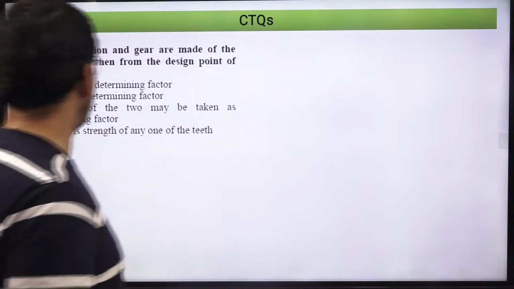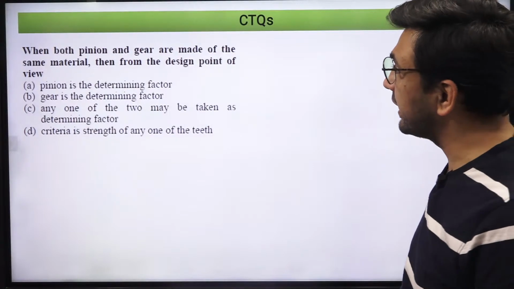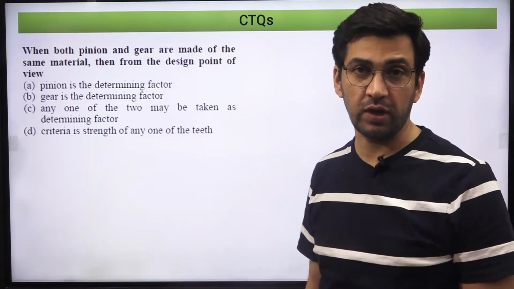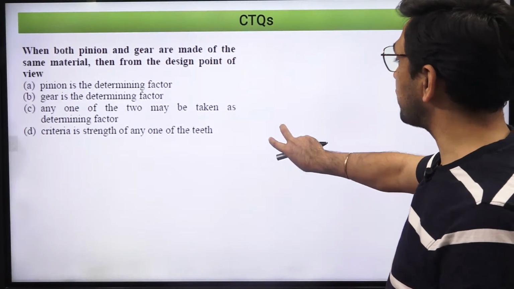When both pinion and gear are made up of the same material, from the design point of view, you have to answer which of these statements is correct. You have to decide based upon the beam strength equation.